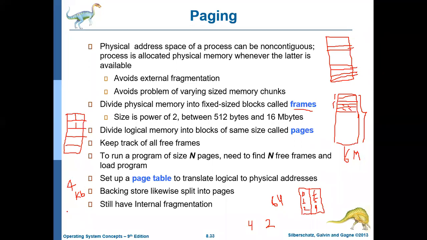Your process is having 12 KB size. Not 12, let's say 13 KB. Otherwise, there will be no internal fragmentation. Let the process size be 13 kilobytes.